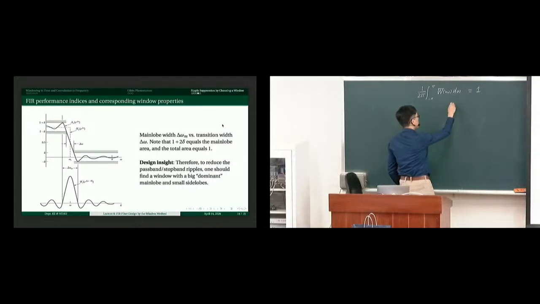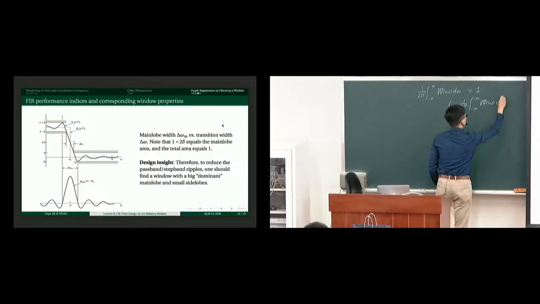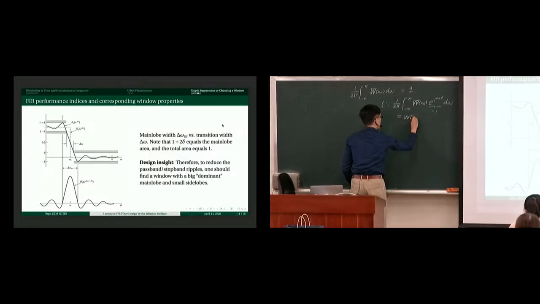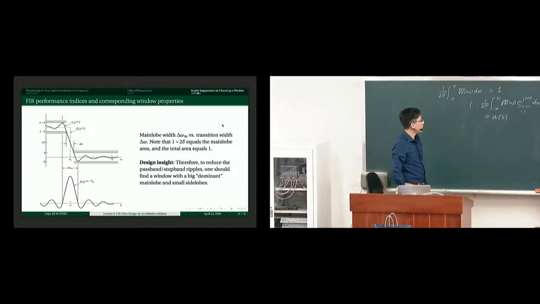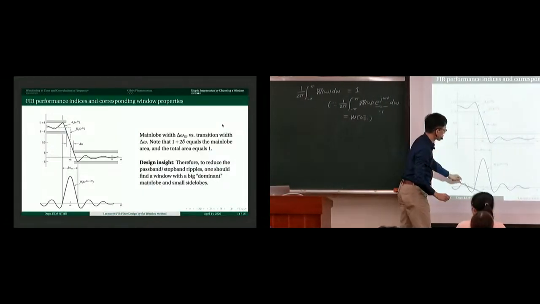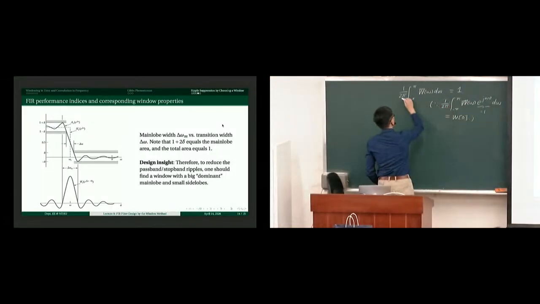And there's a reason, because 1 over 2 pi times the integral from minus pi to pi of W(omega) e to the j omega 0 d omega equals w of 0. That's the reason. The total area of the entire window transform, the Fourier transform, is 1, subject to a normalization of 1 over 2 pi.